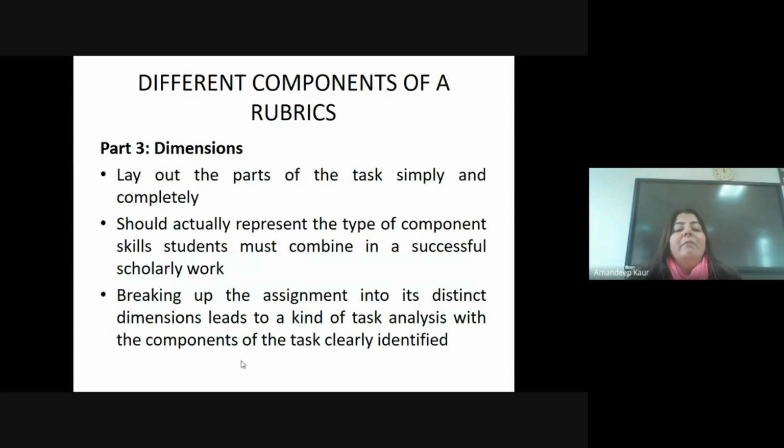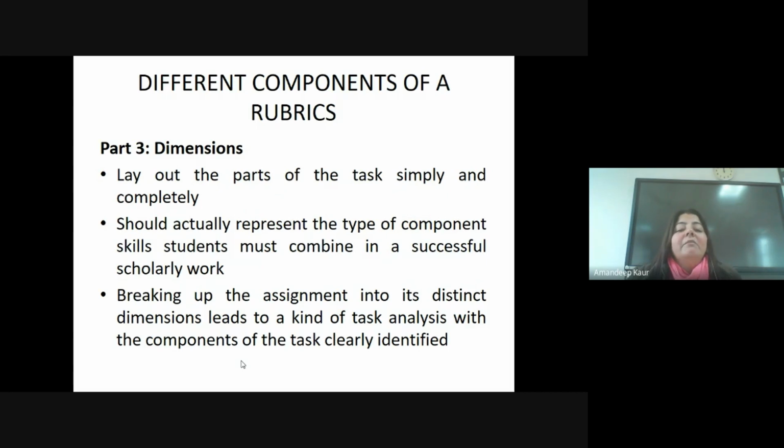Another is the dimension. Dimension means we divide the activity into a number of subcomponents, and for those components we are going to provide a detailed description. So laying out the parts of the task simply and completely should actually represent the type of component skills students must combine in a successful scholarly work.